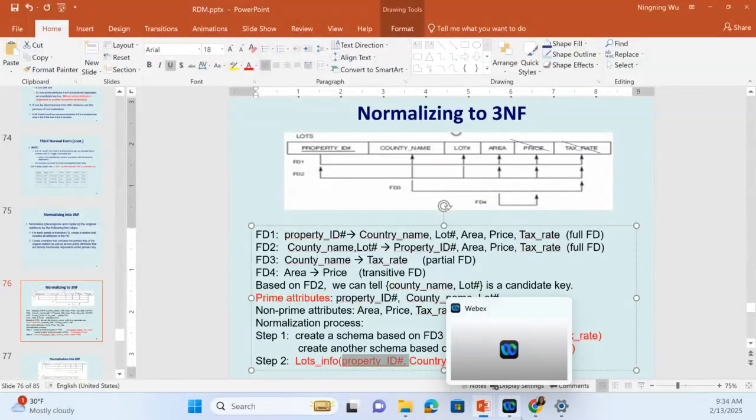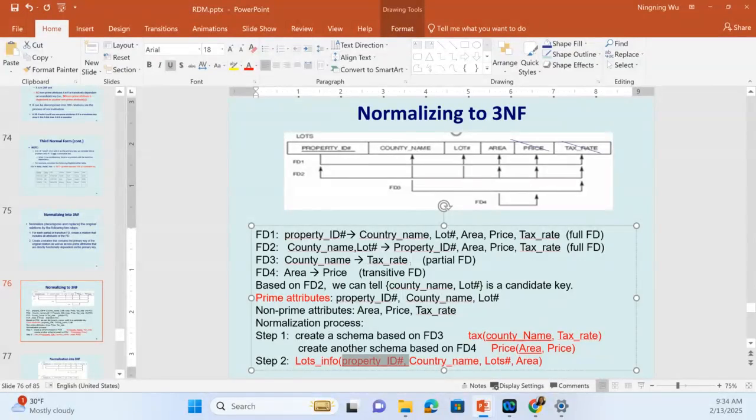I think in class, I could not tell how to identify what should be included in the last relation schema. One thing we can do is, for each functional dependency, partial and transitive, when we create a relation schema, we cross out the attributes in the original schema.